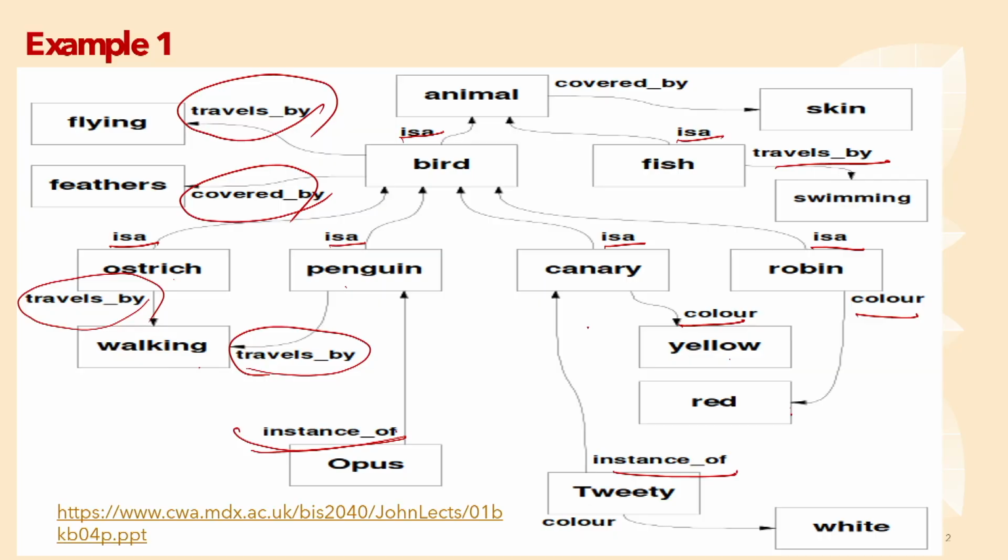Now, what is the advantage with this? Suppose we say canary's color is yellow, it will also take whatever properties are mentioned for animal. Animal is covered by skin, those properties can be inherited by the canary also. So, this is one advantage of semantic networks.